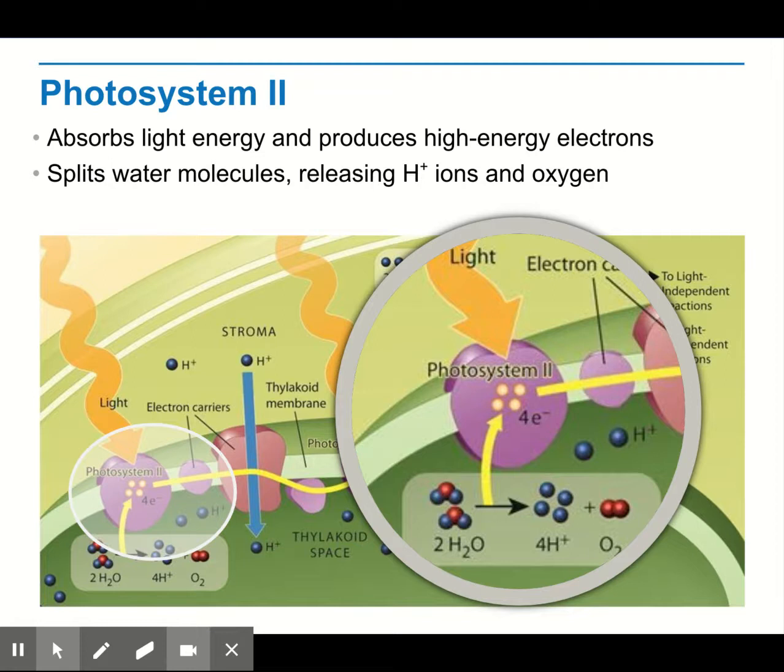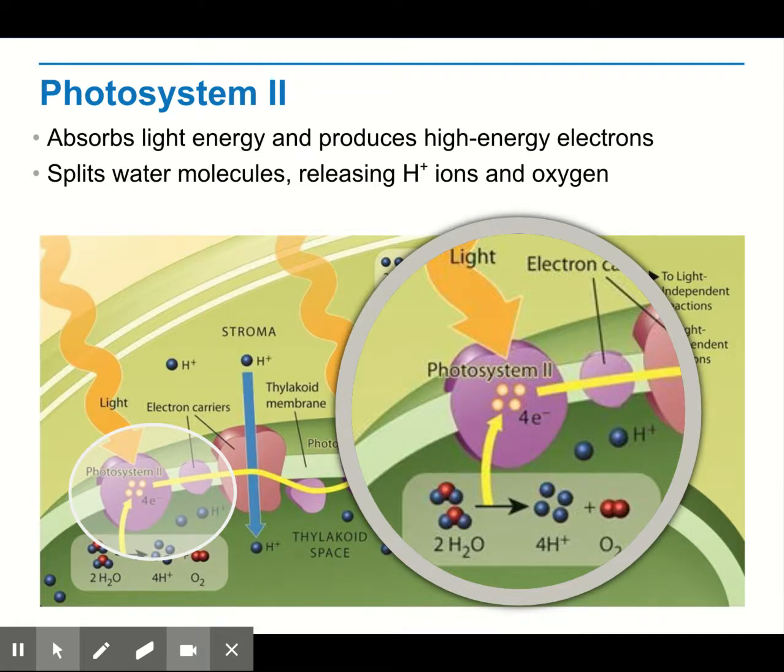All right, you might be wondering, if these electrons started going down the electron transport chain, can photosystem 2 do this process over again? Well, it actually can. It's able to replenish the electrons that it just sent on the electron transport chain by splitting water molecules. So photosystem 2 does a few things.